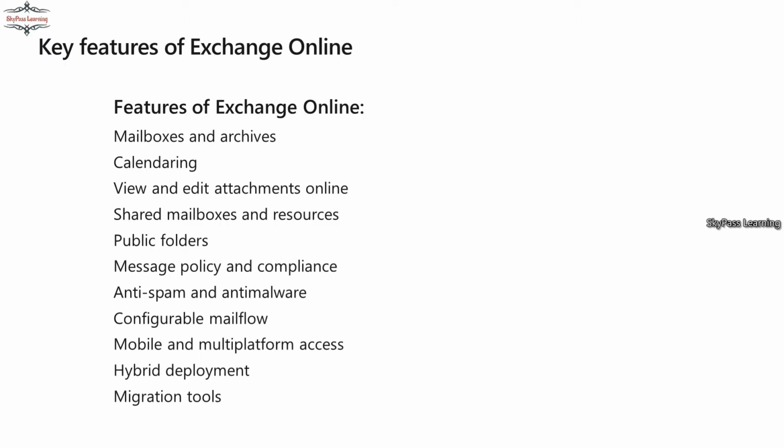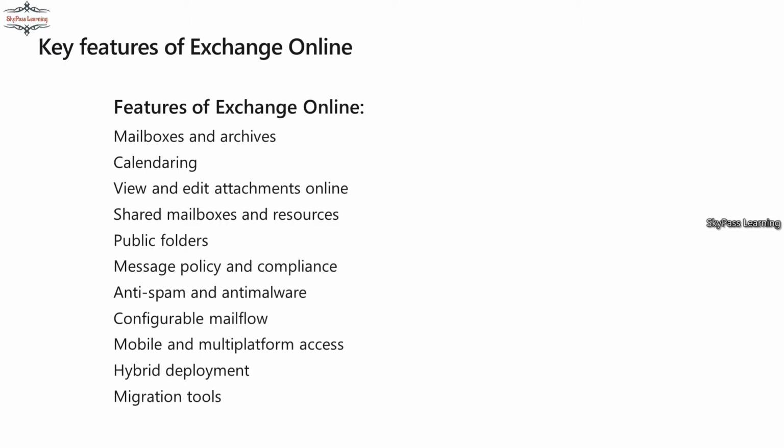We have shared mailbox and resource mailbox available. With the help of shared mailboxes, like a form of group mailbox, a set of users can access one single mailbox, and they can receive or send emails just like a help desk mailbox or something like that.